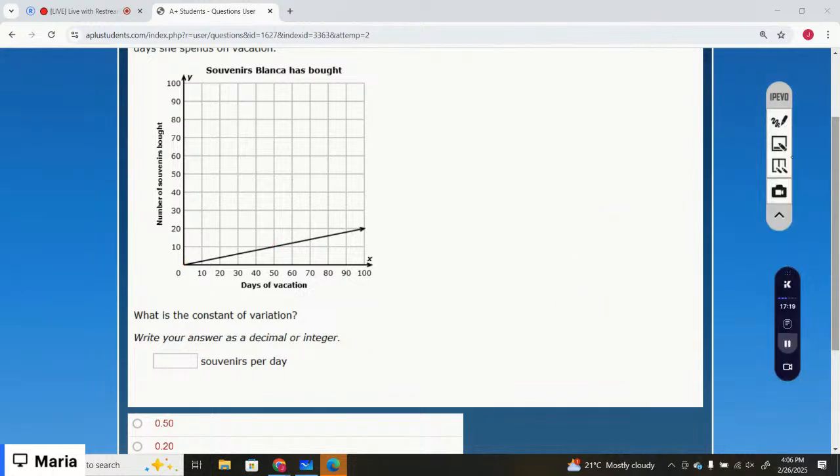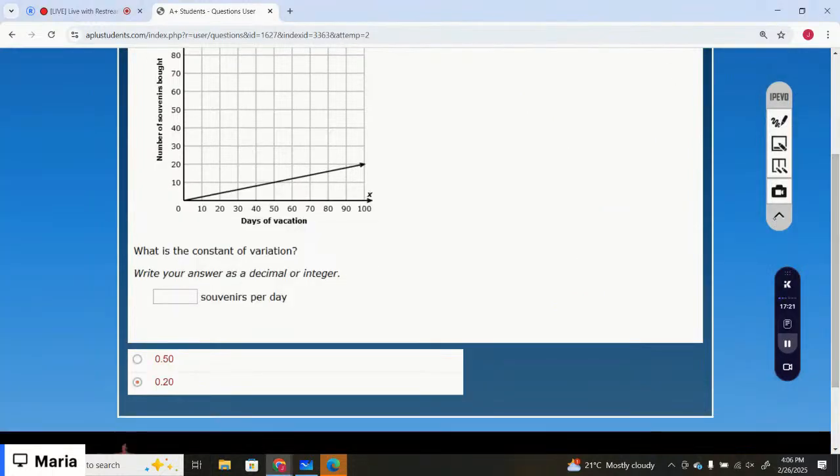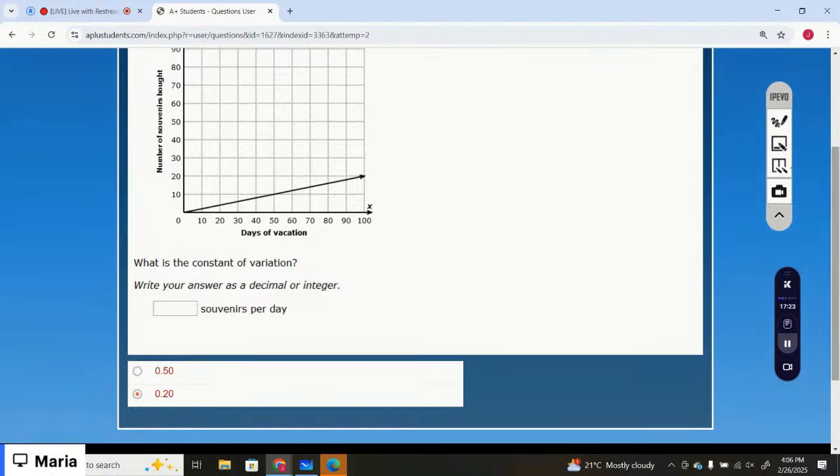The correct option is 0.2. Option number 2 is the correct option.